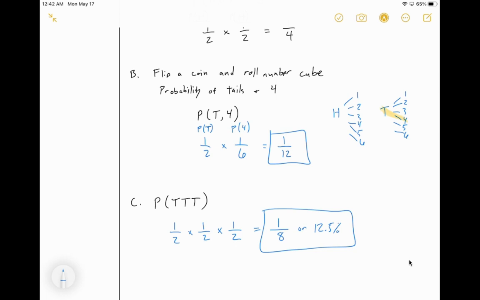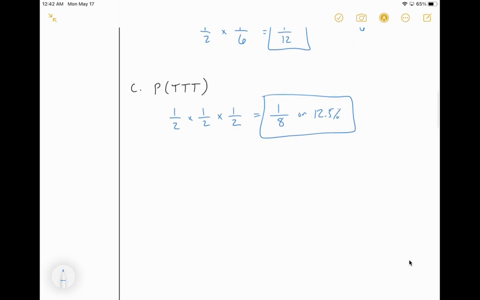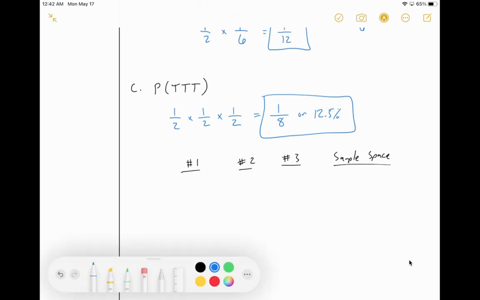And if you want to double check that, you can look at the sample space. You don't have to write this down, but you can. Let's break it down really quick and draw it out. I have flip number 1, flip number 2, and flip number 3, and that'll create our sample space. So I could get heads, or I could get tails.